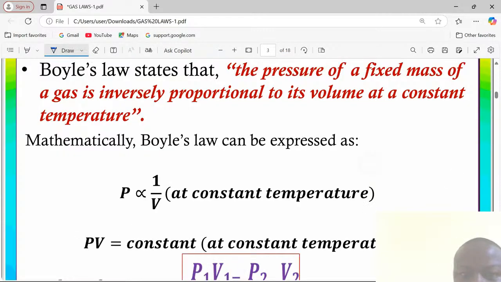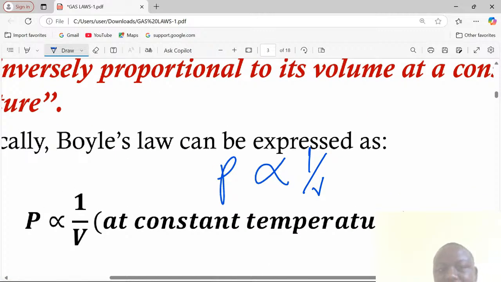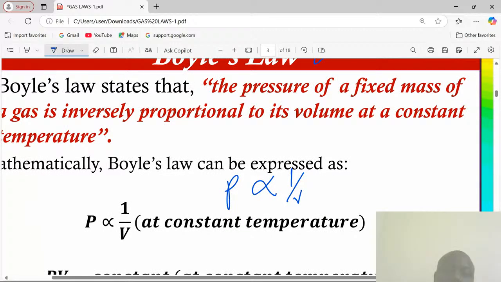Mathematically, we can put down this statement and say pressure is inversely proportional to volume, so we pick the reciprocal. We can substitute the symbol of proportionality with a constant and an equal sign.